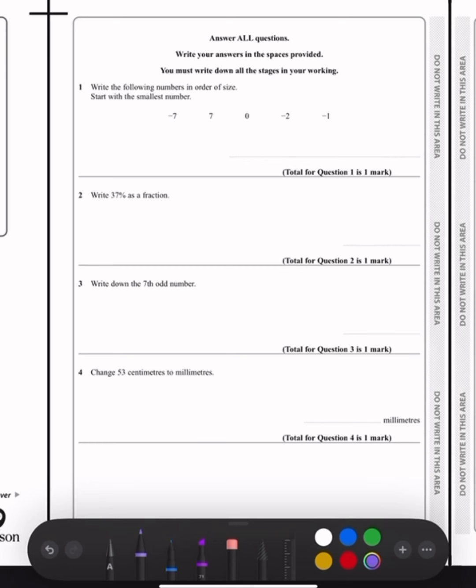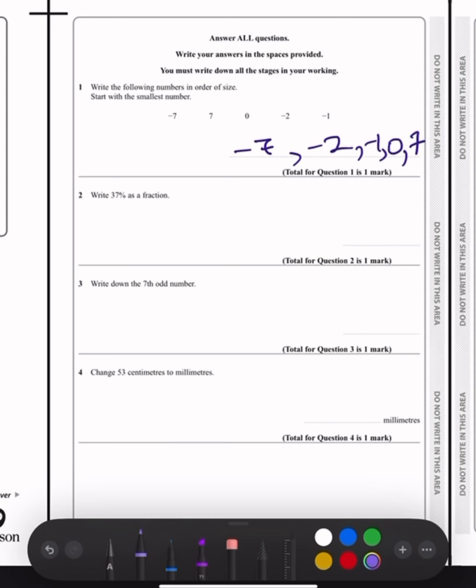So -7 is the smallest here, and then we keep going up. -7, then -2, because it's smaller but in a way bigger as it's closer to 0. Then -1, then 0, then straight away the positive number 7. And that's how you will gain your first mark.